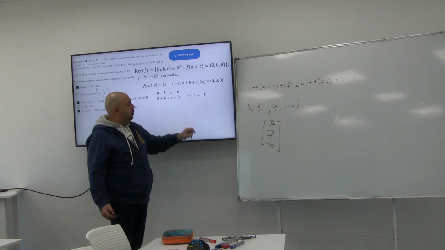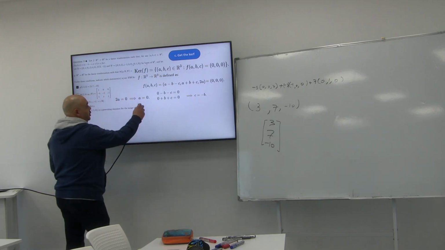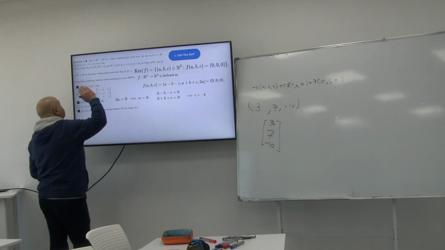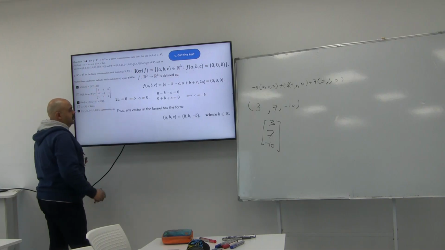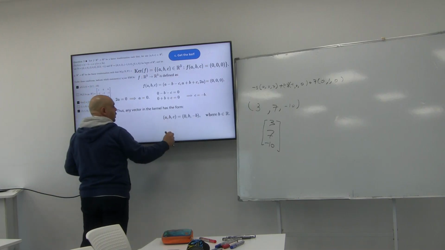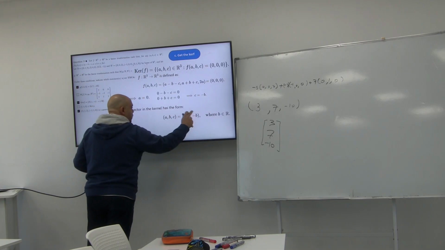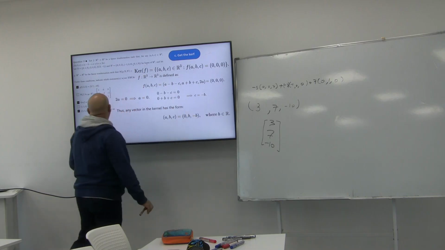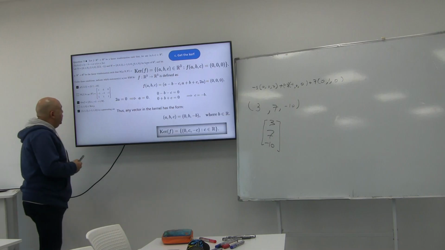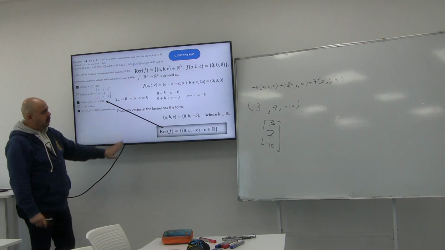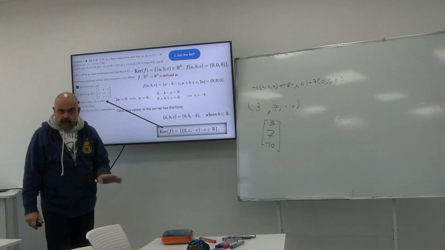So C should equal negative B. I will take this information, A equal to 0, C equal to negative B, and substitute in A, B, C. So I take A as 0, and replace B by negative C or vice versa. This is the shape of the vector that we have, which is 0, C, and negative C, exactly like the one given. So we are in a perfect shape. So it's correct.